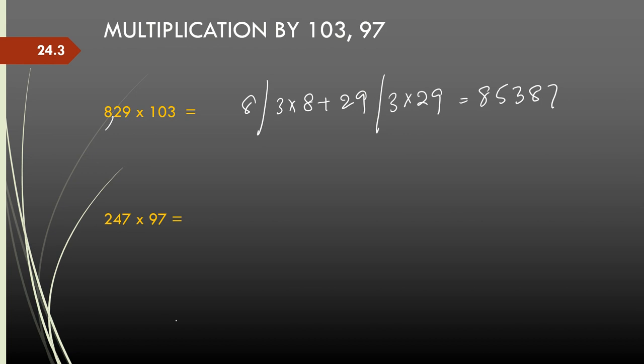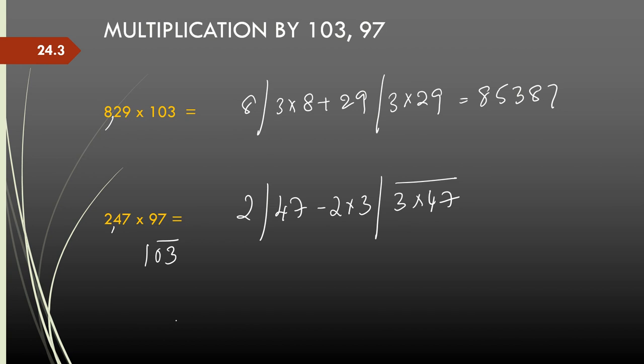One last example of how it works for 97. 97 is 1 bar 03. So we can start from the left as usual: 2, then it is 47 minus 2 times 3, and then bar of 3 times 47.